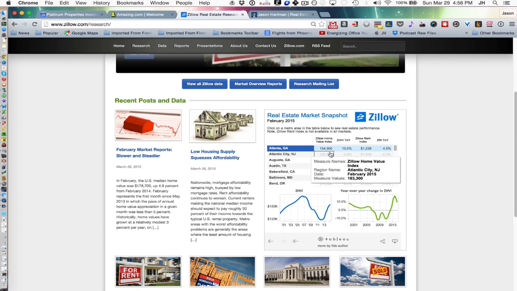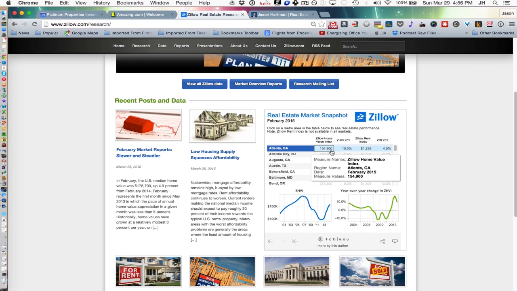So there we see that the price index says that Atlanta, Georgia is 154,900. The Zillow index is not to be confused with the one you usually hear about on the news, known as the Case-Shiller Index. I'm not a big fan of the Case-Shiller Index for several reasons, but the biggest reason is that it only profiles 20 markets.